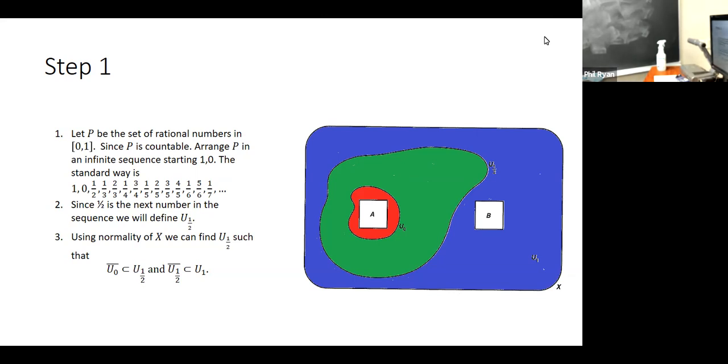And since it's disjoint from some open set which is covering B, the closure of U1/2 does not intersect B, so it's going to lie within U1.